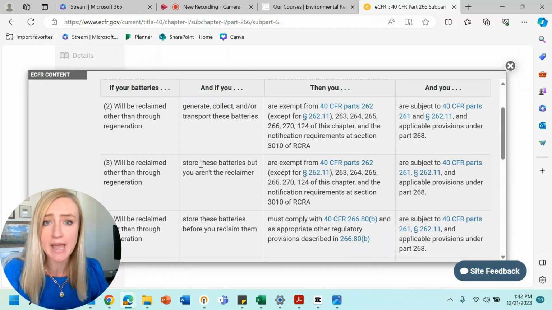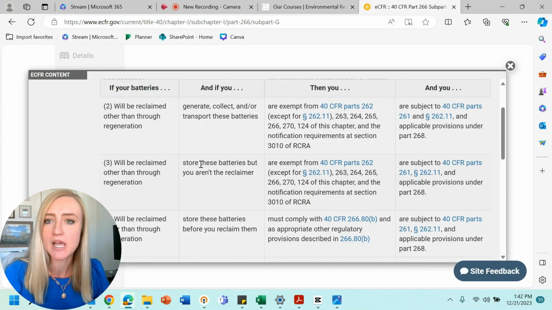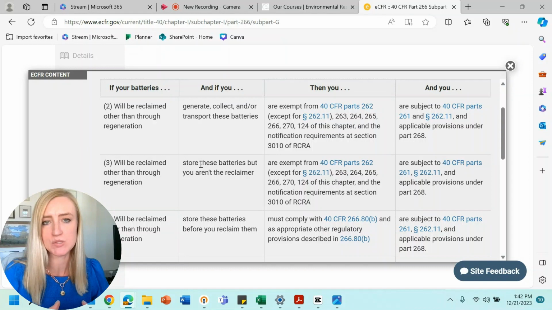You're still subject to LDR, so you need to make sure you do your notifications for the land disposal restrictions. And you also have to make sure you identify your batteries as subject to these regulations and follow a couple of other options. Now, you want to talk to your recycler to be sure you know how they're recycling the batteries so you know which part of this to use.